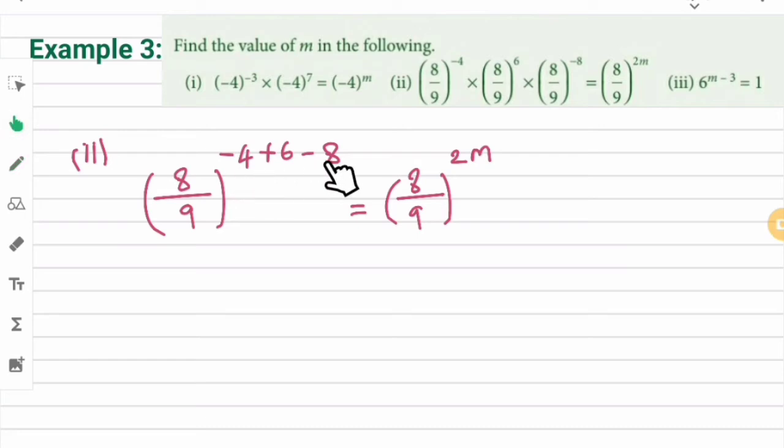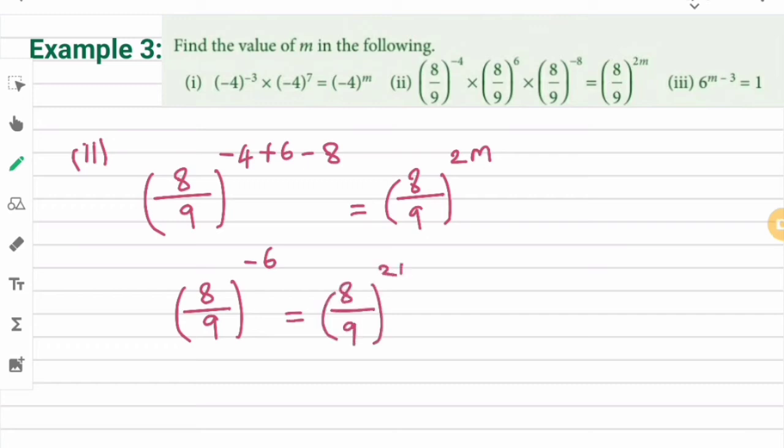And now you can simplify this. We'll get 8 by 9 to the power, what will happen here? Minus 4 plus 6 is plus 2. Plus 2 minus 8 is minus 6. Minus 6 is equal to 8 by 9 to the power 2m.